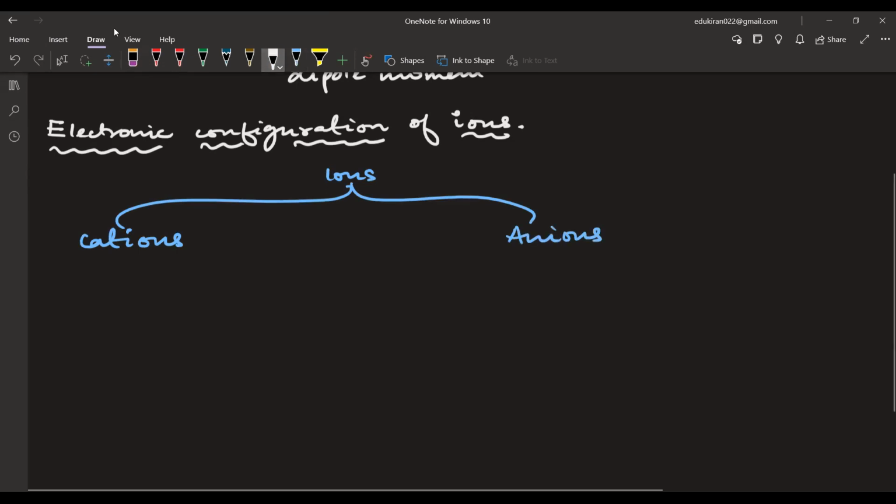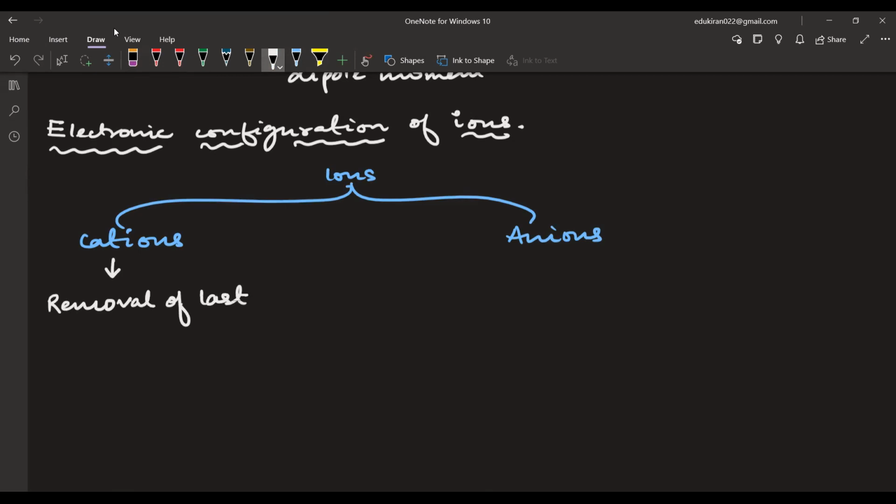So cations are formed how? Removal of the last electron. Last electron means valence electron. And anions means addition of an electron on the valence shell.